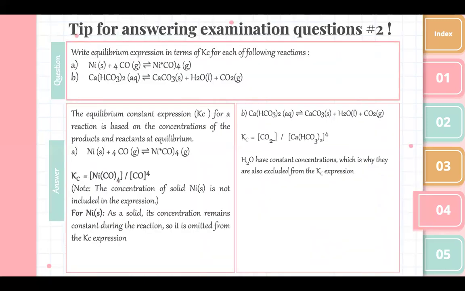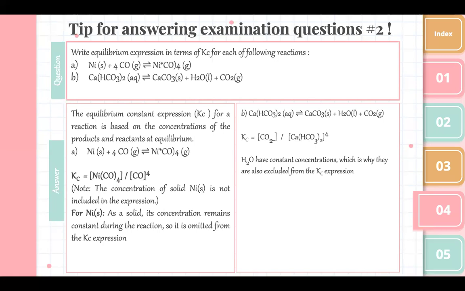Tips for answering examination questions. Write the equilibrium expression in terms of Kc for each of the following reactions. Question A: we have nickel solid reacting with 4 moles of carbon monoxide gas to reach equilibrium with nickel tetracarbonyl gas.